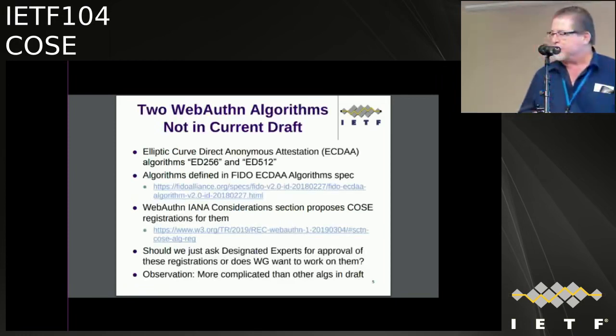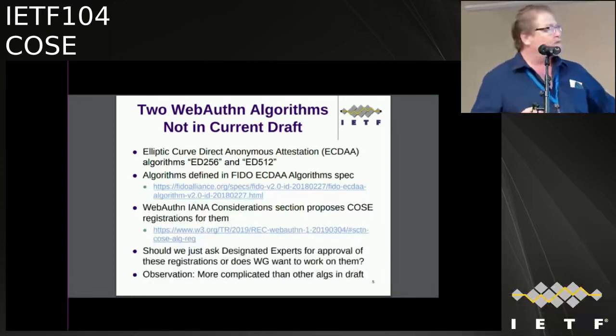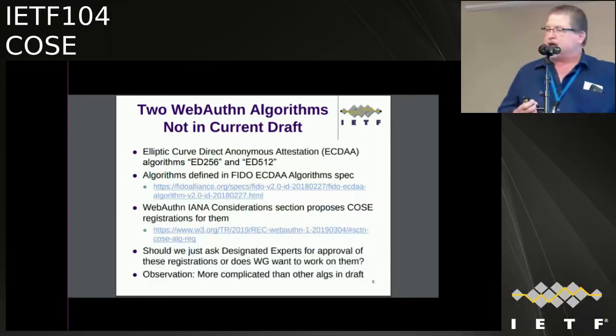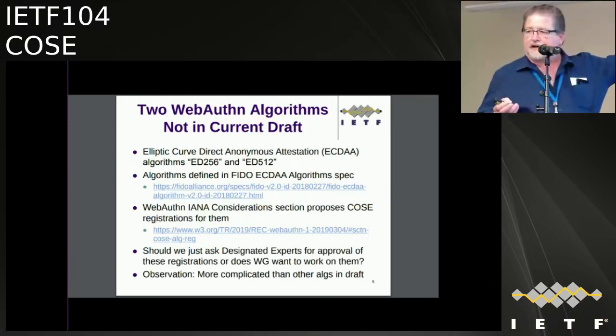Jim correctly pointed out that there's 2 algorithms in WebAuthn that are not in this draft to date. There are a class of algorithms called elliptic curve direct anonymous attestation, ECDAA, that have JOSE style identifiers ED256 and ED512.